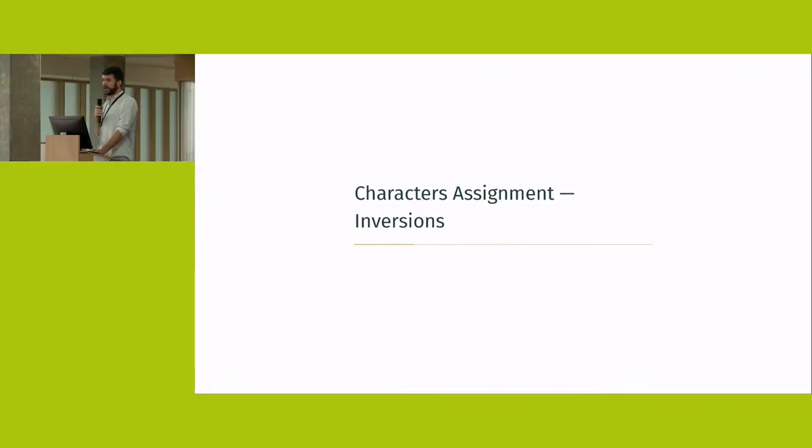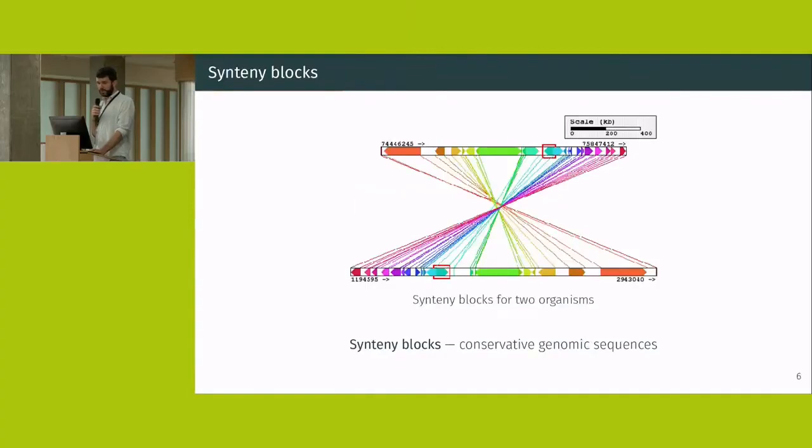Let me explain how we actually map the rearrangement information on a tree. We start with synteny blocks. I already said this word several times. What does it mean?